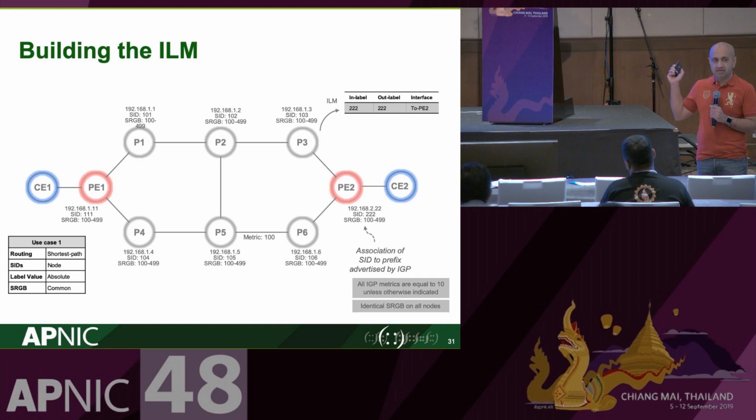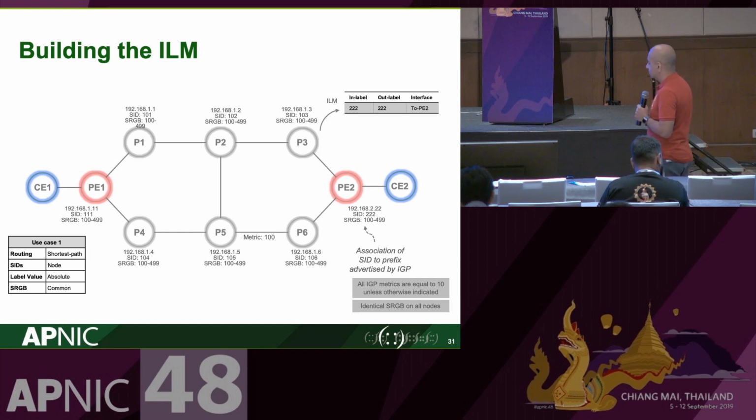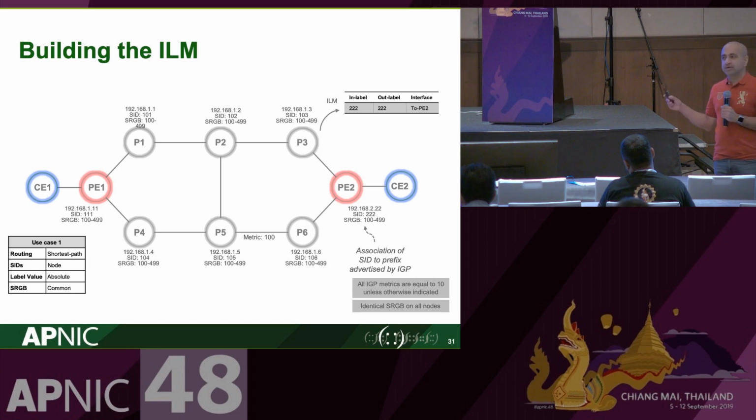incoming label map. Now you see, here is the big difference between what we had in LDP and RSVP-TE. Because in LDP and RSVP-TE, this outgoing label would be the one used for PE2, and the incoming label would be assigned by this node. In segment routing, these labels are globally significant. So the incoming label is the same as the outgoing label.